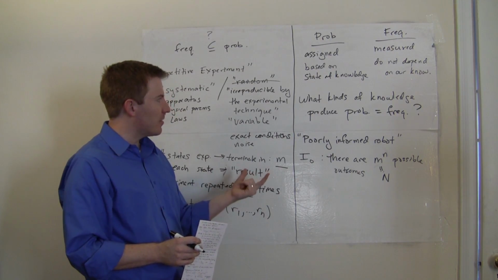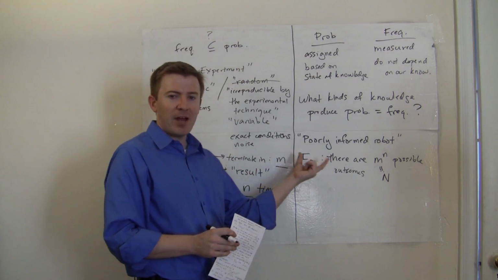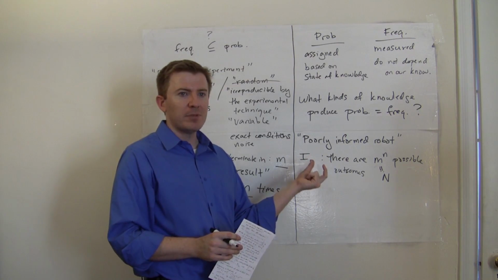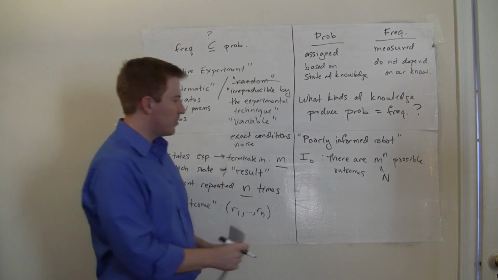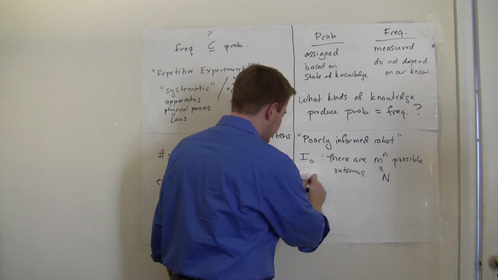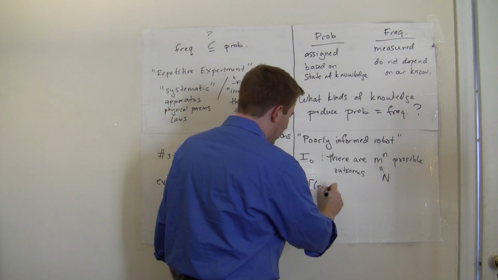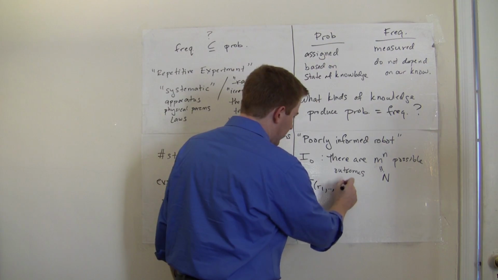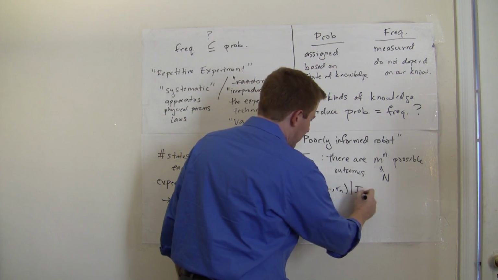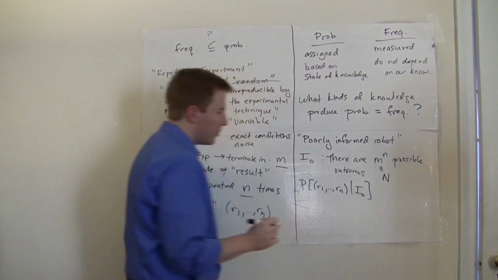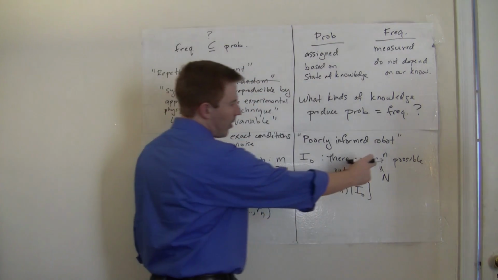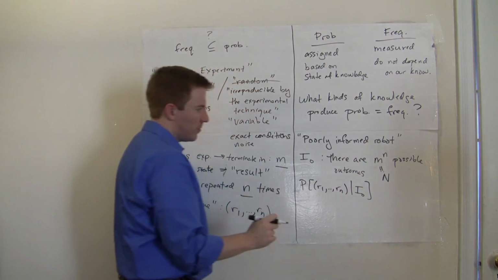All right, so naturally then, what is it going to say if we ask it for the probability of any one of these particular outcomes? Let's say, what's the probability of an outcome R1 through Rn, conditional on this very, very limited background information? Well, it knows that there are m to the n of these possible things.